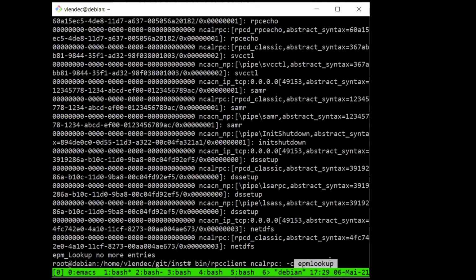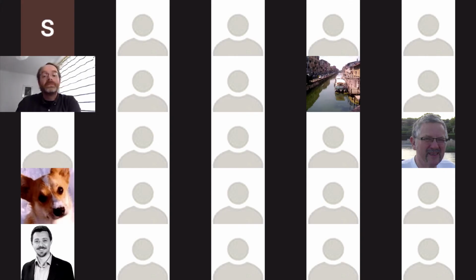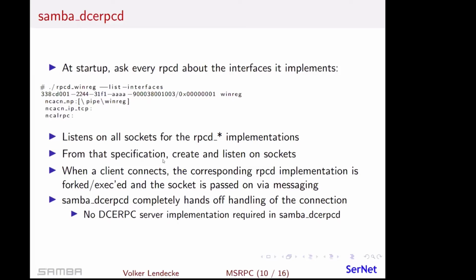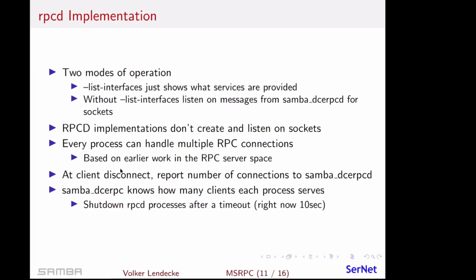And I told it to do an EPM lookup, which is just listing all services via the endpoint mapper protocol. And yeah, we have all these services, which is great. I just forgot how to do this over TCP syntax-wise, so I don't do that now. But it also works over TCP. Yeah, two modes of operation.